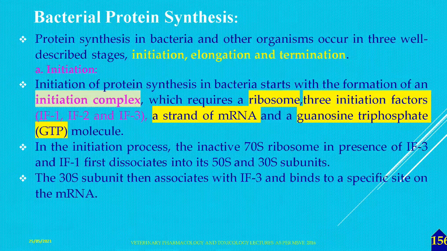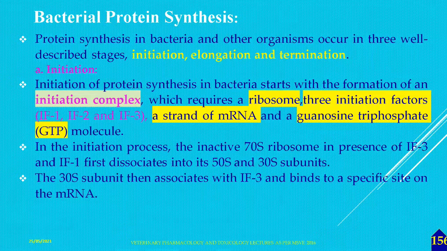So in the initiation process, the inactive 70S ribosome, in the presence of IF3, that's initiation factor 3, and IF1, first dissociates into 50S and 30S bacterial subunits.